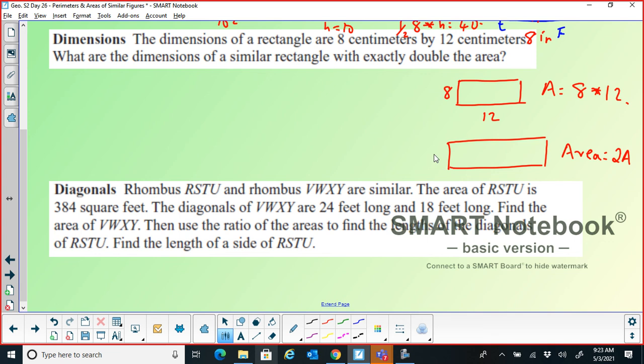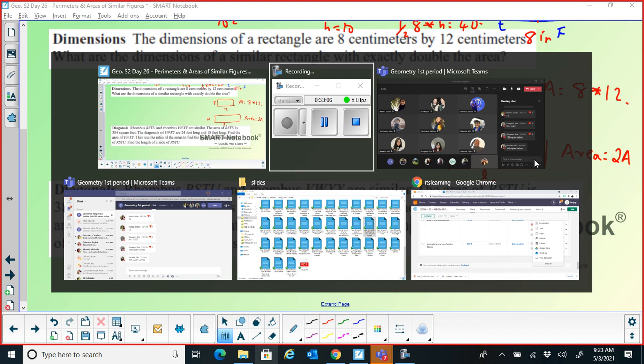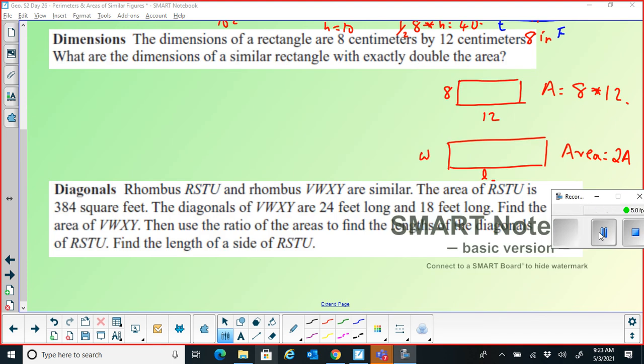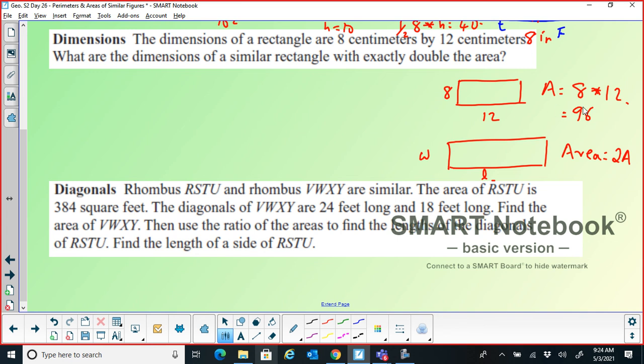You are finding here what is the width and length of this particular rectangle. 8 times 12, the first rectangle area, is 96 centimeter squared, and the area of the second rectangle is 2 times 96, which is 192 centimeter squared.